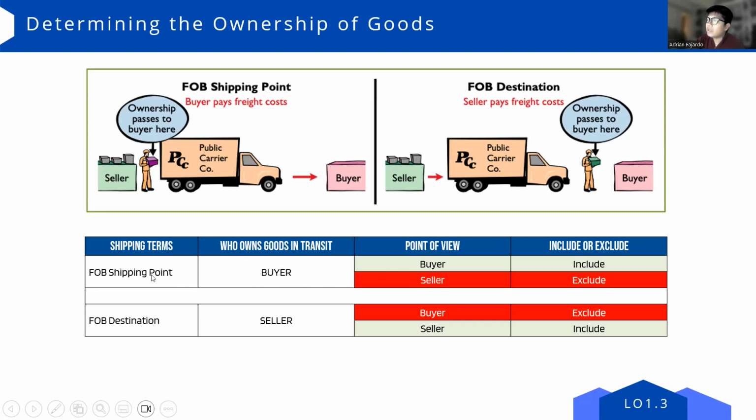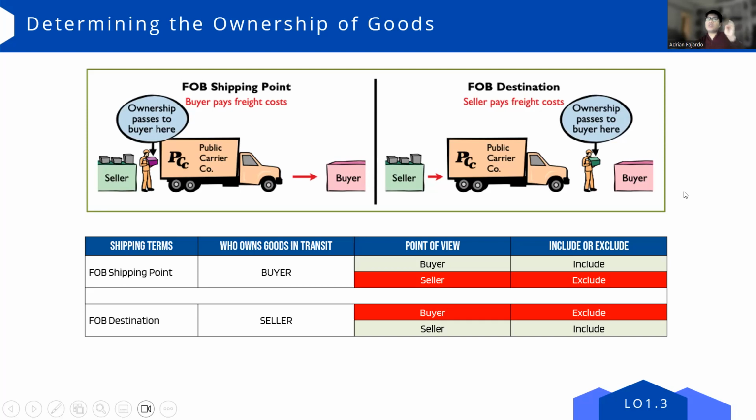Yung buyer. So, FOB shipping point, ang may-ari is si buyer. So, kung ang point of view mo is buyer, you include that in your inventory account. But if you're the seller, you don't include. If FOB destination, who owns the goods is the seller. So, yung buyer, i-exclude niya, si seller lang yung mag-include.